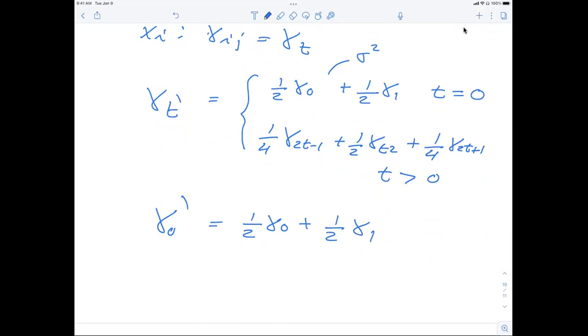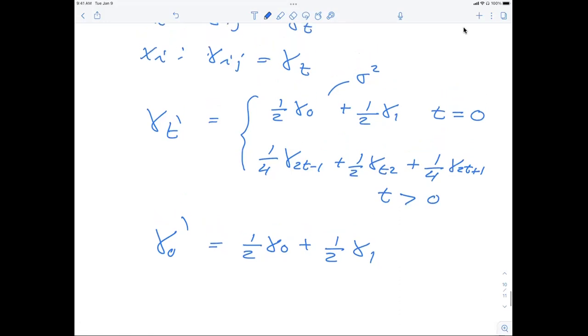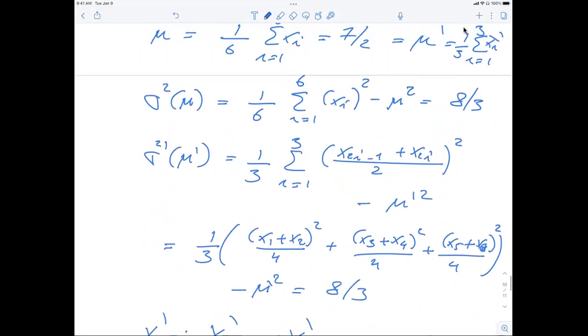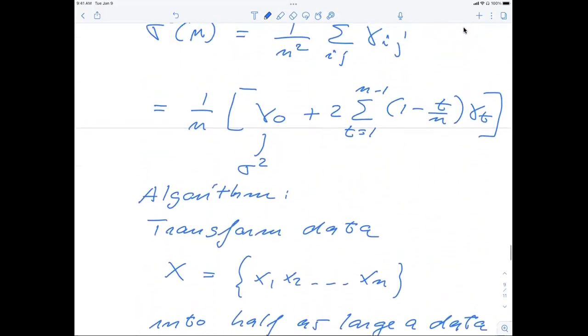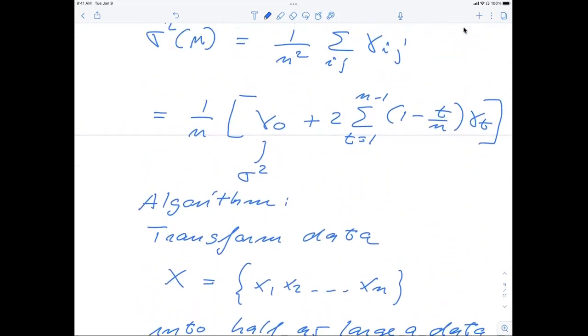This means now that if we go back to the expression which we had up here, every time I split my data set into 2 halves, in the first operation, I have the full data set and then I split that by 2. What happens then is that my gamma 0 is changing.